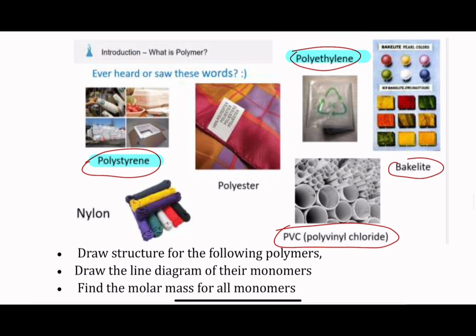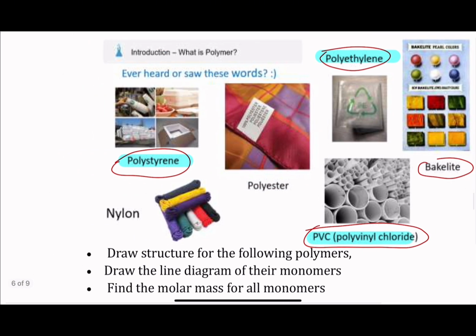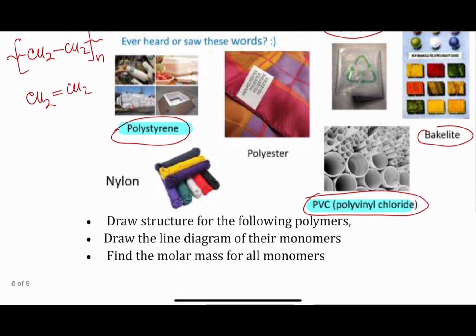So in here we have polyethylene, which looks like this. So CH2, CH2. This is the polyethylene, and it's made from ethylene. And then we have PVC, which is polyvinyl chloride.